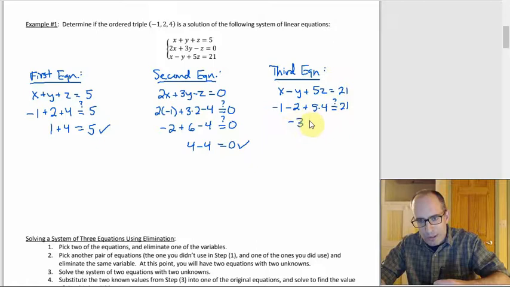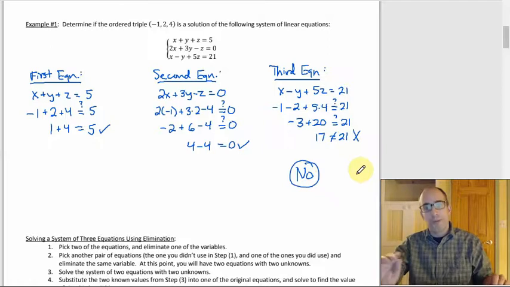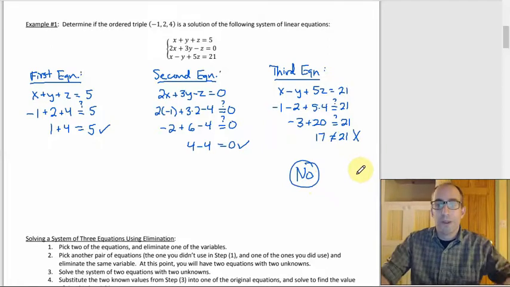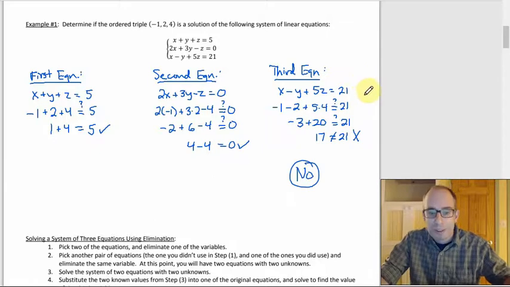This is going to be -3 plus 20, and that is 17, so it's not 21. This doesn't work. So no, it's not a solution, because in order to be a solution, it would have to be a solution of all three. We got the first two, but we didn't get the third one, so we didn't get all three.